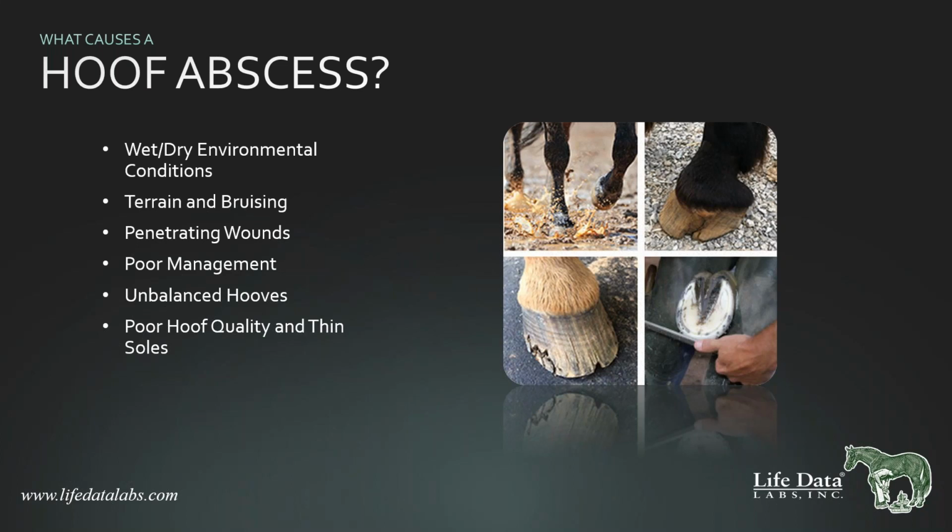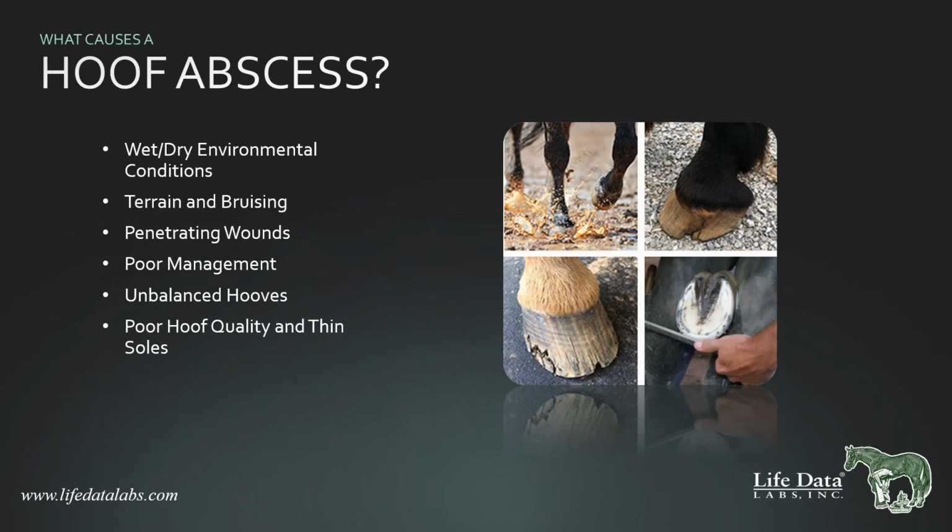And these areas that have been compromised, whether it's wet or dry, become entry points for bacteria to get into the foot itself. Of course, we can also have bruising that comes about from the terrain. We can step on a rock, we can be on a hard surface, whatever causes a bruise, and that bruise can actually lead to a future abscess.